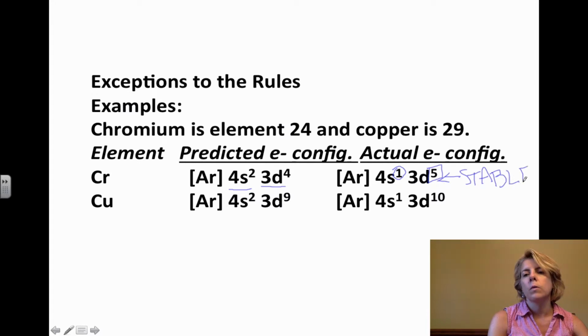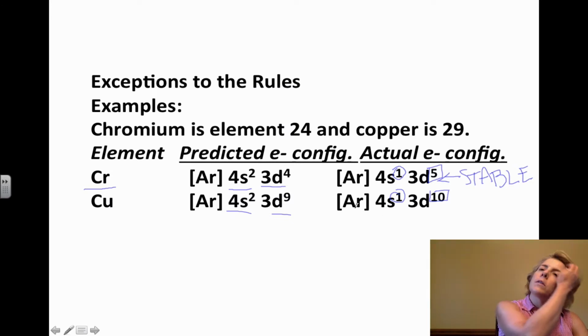Notice that the elements that are near the 5th d orbital tend to do this. Copper is another one. For copper, you would think the prediction would be 4s2 3d9, but what we actually see is 4s1 3d10. So you may notice electrons that are near that 10th d electron will steal from the s orbital.